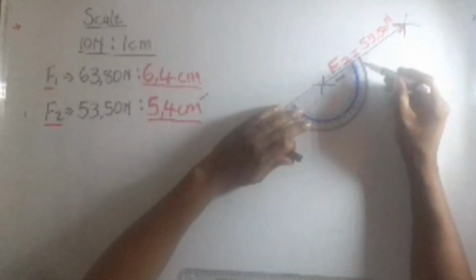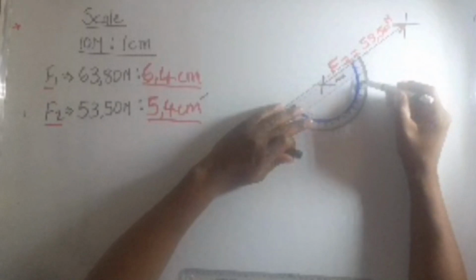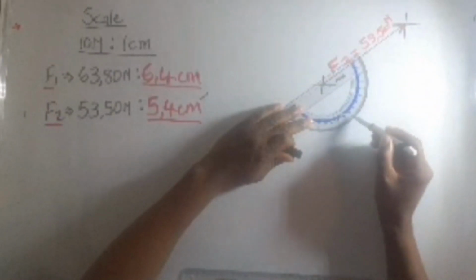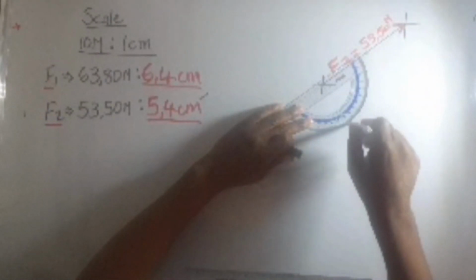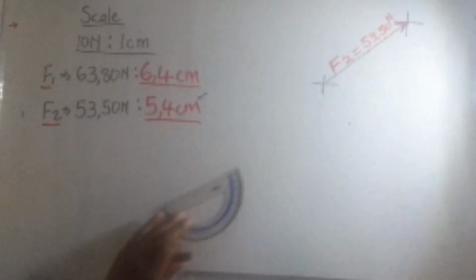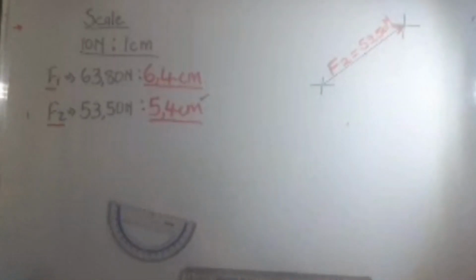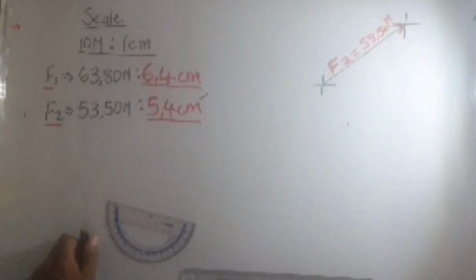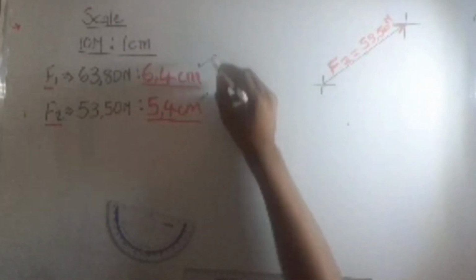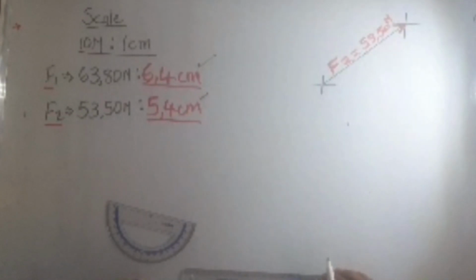So we measure for 90: 10, 20, 30, 40, 50, 60, 70, 80, 90. This is where 90 is. Now we need to draw now vector 1. And vector 1 is 6.4 centimeters.